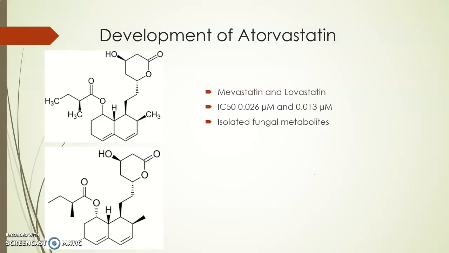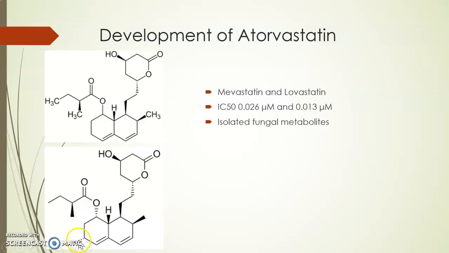So next, people were just looking at some fungi and seeing what kinds of compounds they could come up with. And they actually found two separate ones that had the activity that they were looking for. We have mevastatin and lovastatin. So we have mevastatin up top and lovastatin over here.